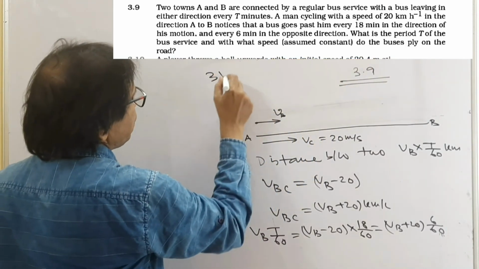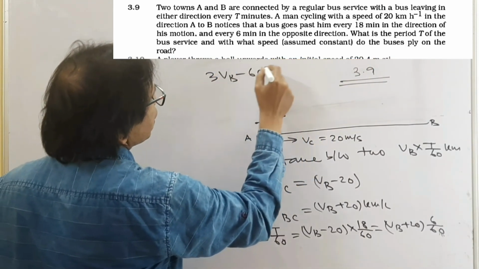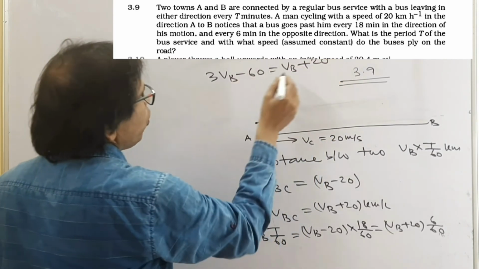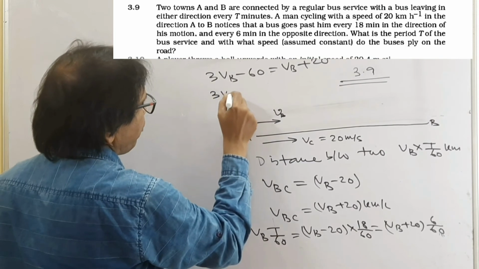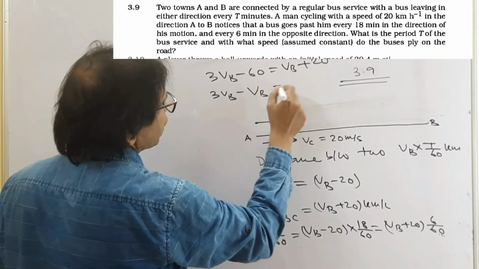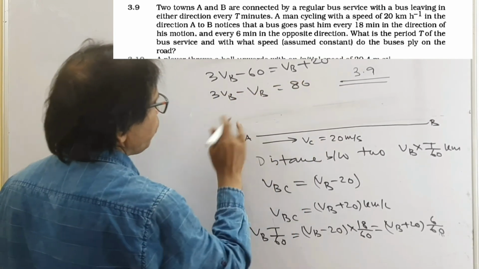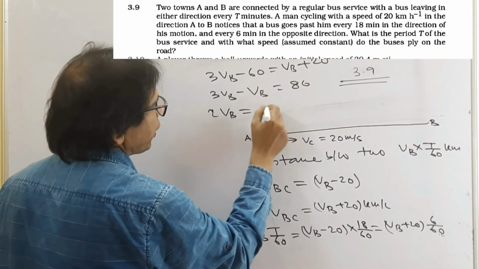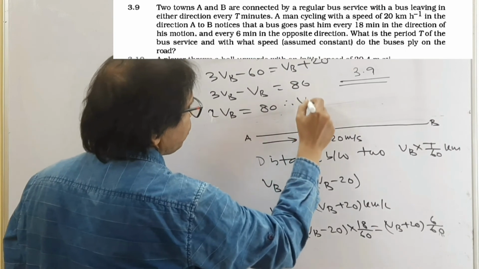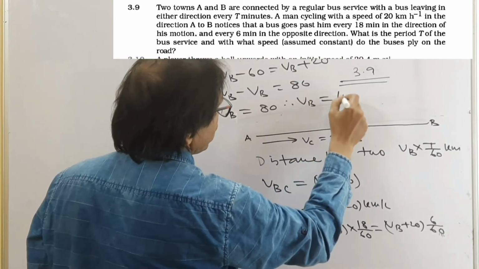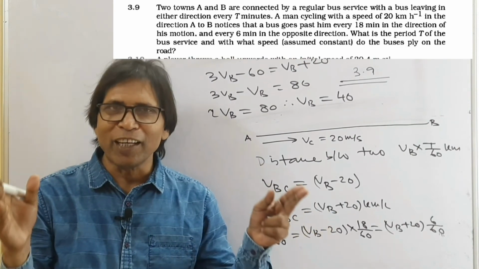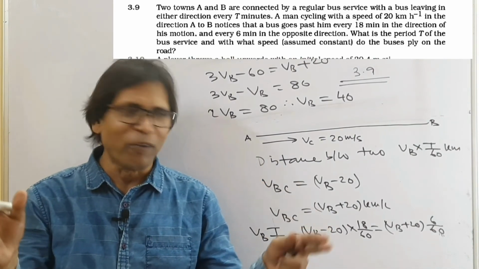So look at this, 3VB minus 60 equal to VB plus 20. Look at this, 3VB minus VB equals 80. Therefore 2VB equals 80. Therefore VB equals 40.